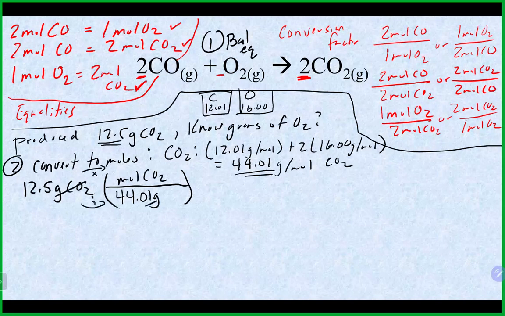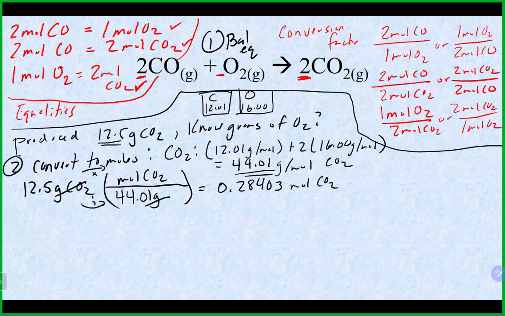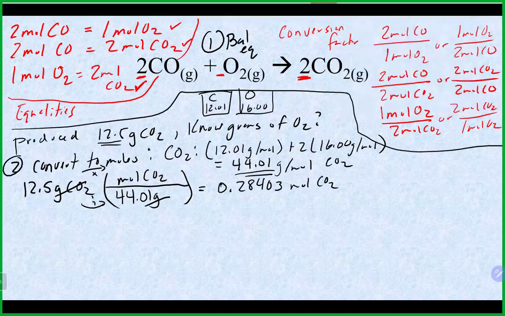So our grams of CO2 will cancel, and that's going to get us 12.5 divided by 44.01, which gives us 0.28403. I'm not going to round too much just yet. And that is moles of CO2. Any questions so far on that?